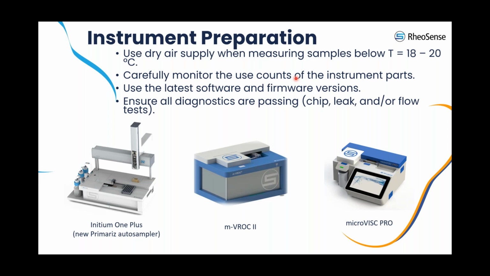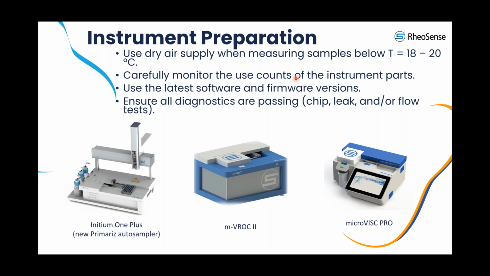Another key tip for accurate measurement is to always use the latest software and firmware. We continuously release updates that include bug fixes and performance improvements. So it's important to stay up to date because you don't want to miss out on these improvements as they ensure the best possible performance of your instrument.